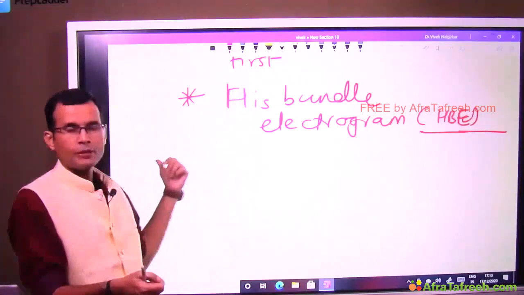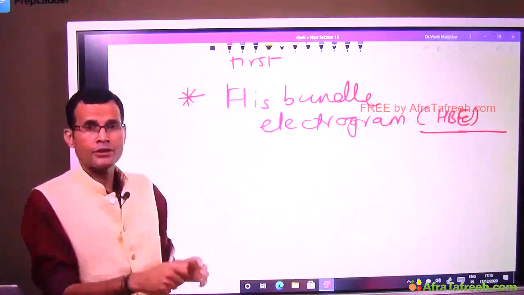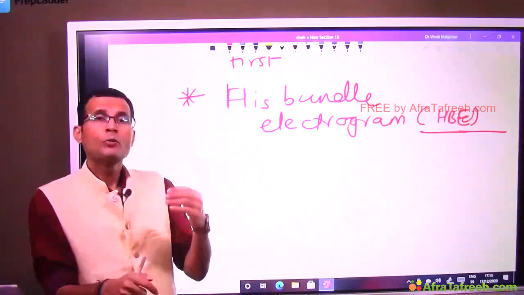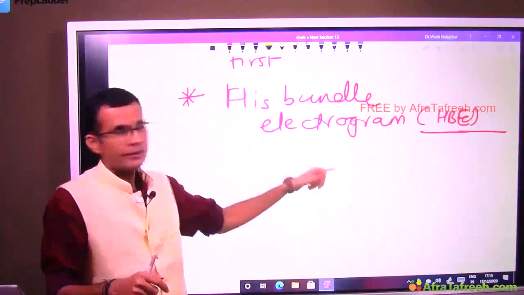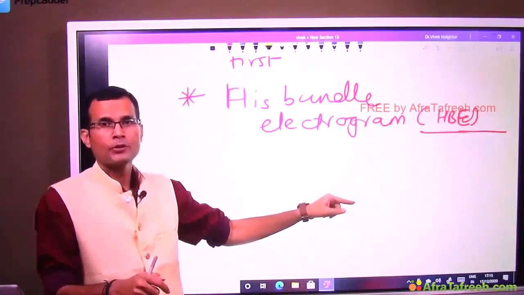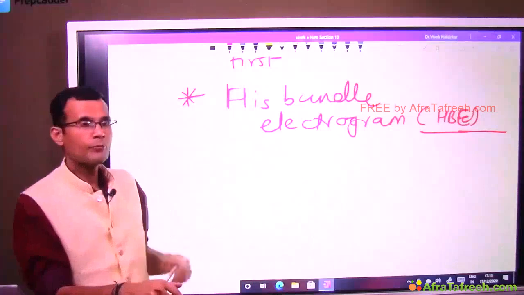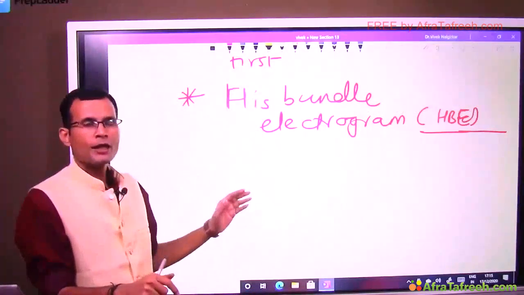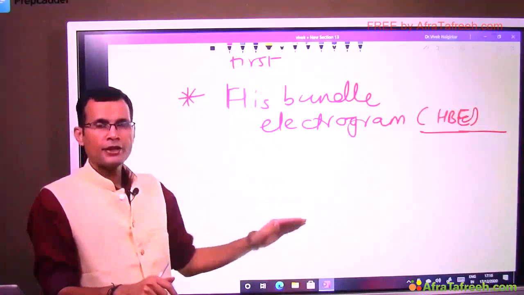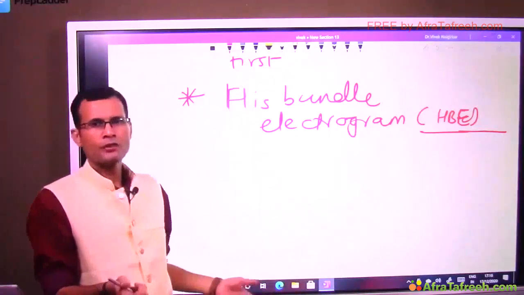We are talking about the bundle of His and its branches. So, right bundle branch block. Which interval will be prolonged on the His bundle electrogram? On the patient's His bundle electrogram, which interval is expected to be prolonged? And the options given are PA interval, AH interval, HV interval, or none of the above.